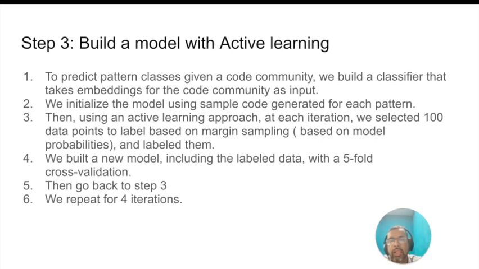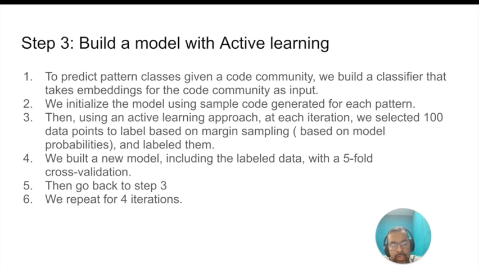Then we look at the model and see which predictions the model was least sure about. This is called margin sampling. Those cases we manually looked into. We took 100 samples, looked into them and manually labeled them with the help of an LLM. Now we have 100 manually labeled data points.